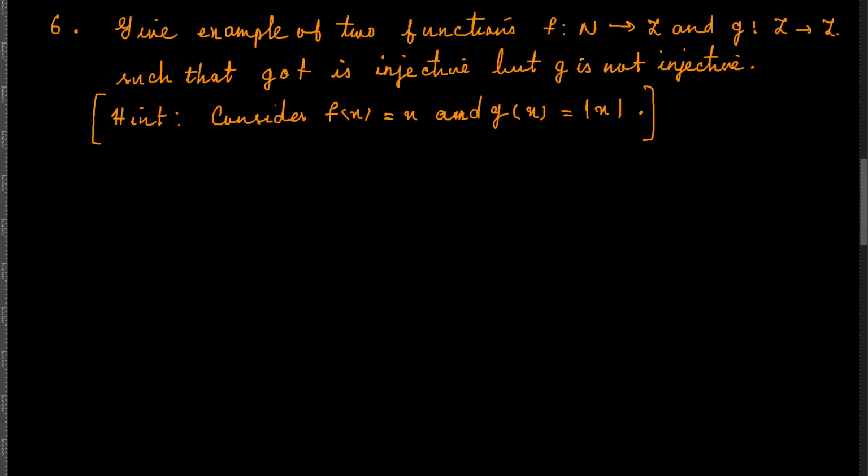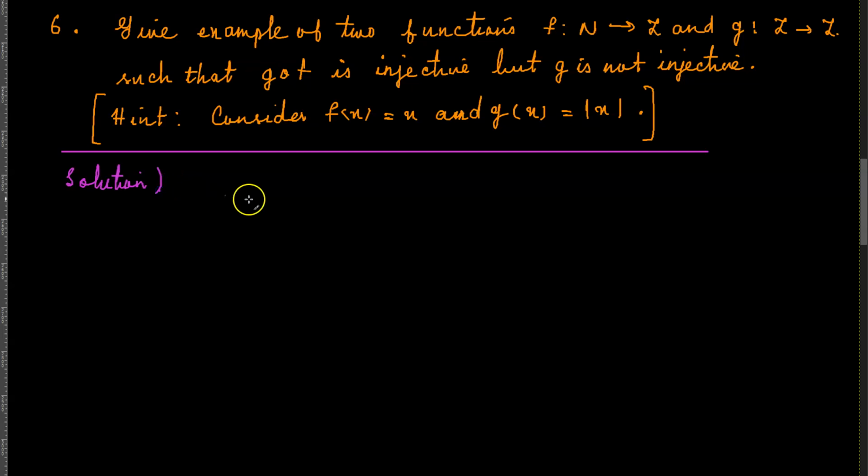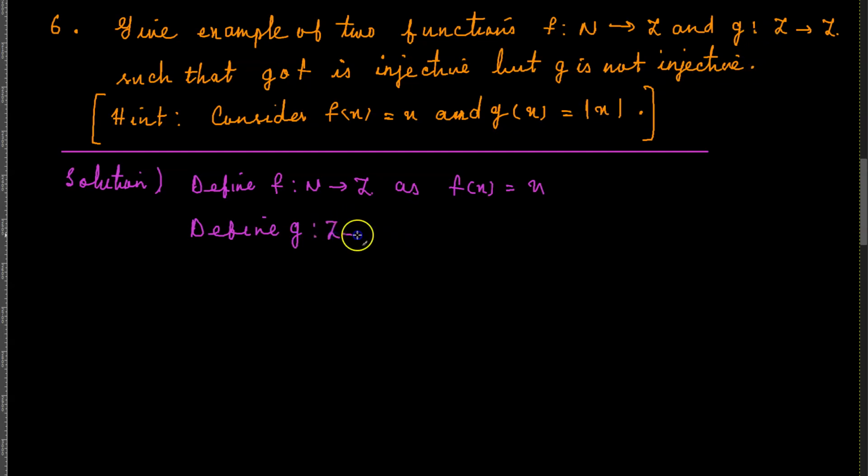Okay, so as the solution here, we have defined f as a function from N to Z, as f of x is equal to x, and also define g as a function from Z to Z as g of x is equal to the absolute value of x, right?